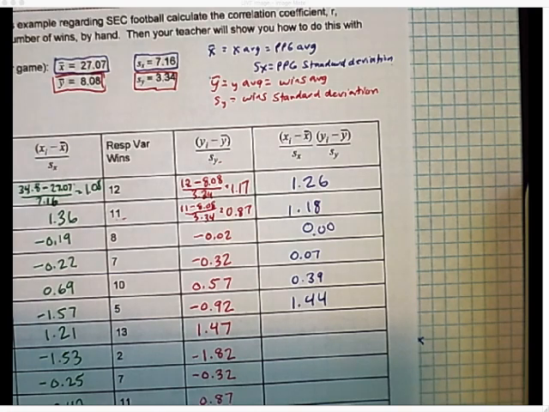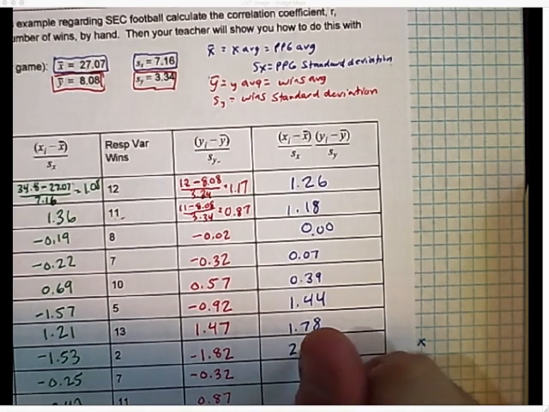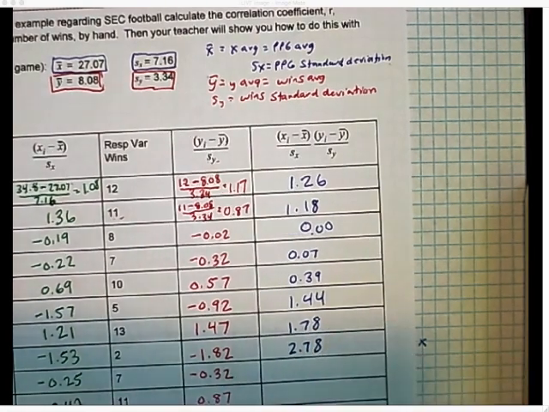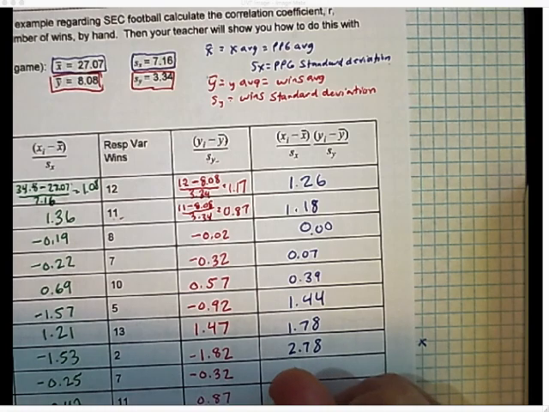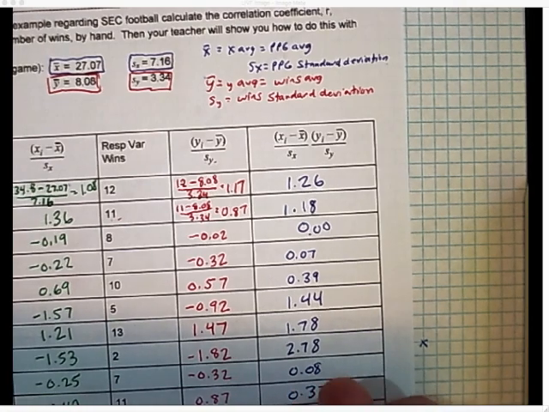1.21 times 1.47 is 1.78. Negative 1.53 times negative 1.82 is 2.78. Negative 0.25 times negative 0.32 is 0.08. 0.42 times 0.87 is roughly 0.37.